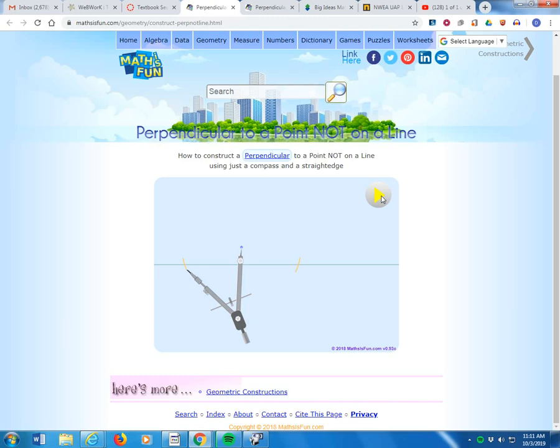Let me know when everybody's gotten to this point where you've drawn your two little arcs on your line, or a complete semicircle is fine too, beneath it. You guys done over there? Reese, are you done? Okay, here we go.